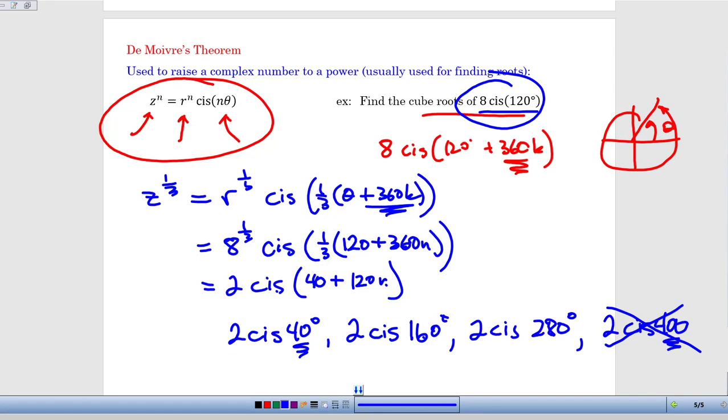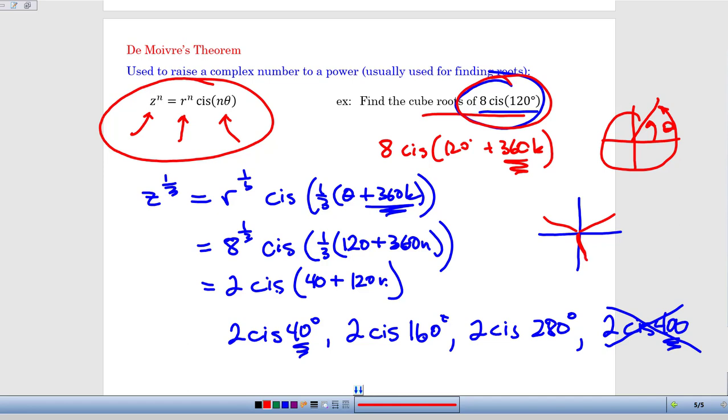And so in kind of a diagram format, our first cube root of this 8 cis 120 is going to be here at about 40 degrees with a length of 2 there for that red segment. 2 cis 160, which is going to be right about here, and then 2 cis 280, so that's going to be just past 270 right here.